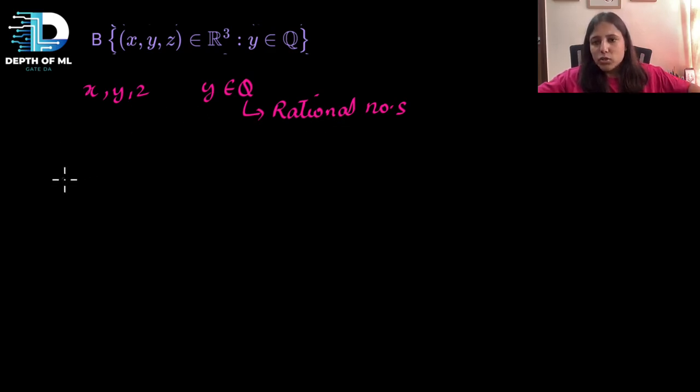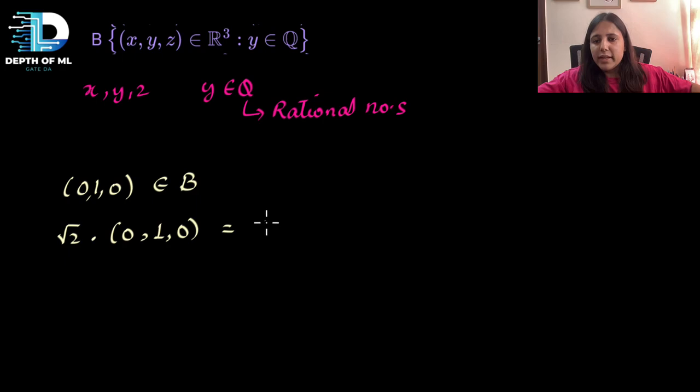So let me assume that I have a vector like 0, 0, 1. Now I'm saying this belongs to B, where B is the option, the same set. Now I'm going to multiply it by root 2, so I'll say root 2 into this vector.